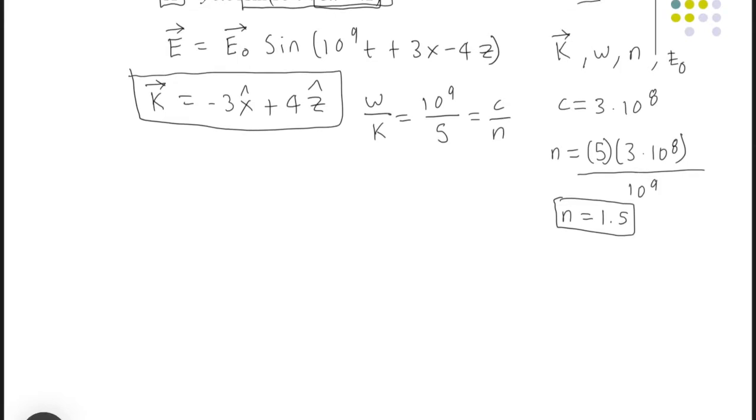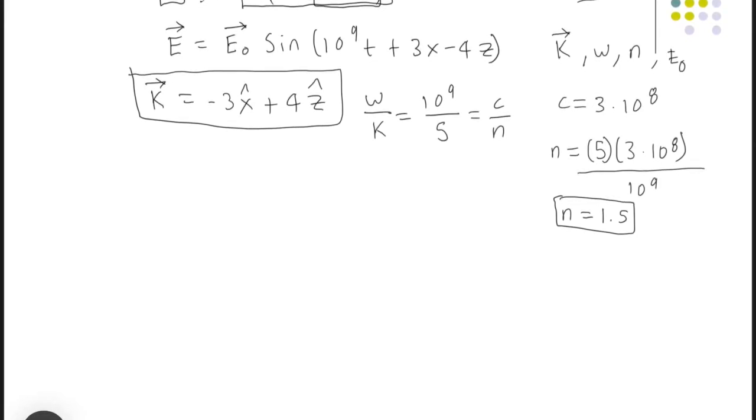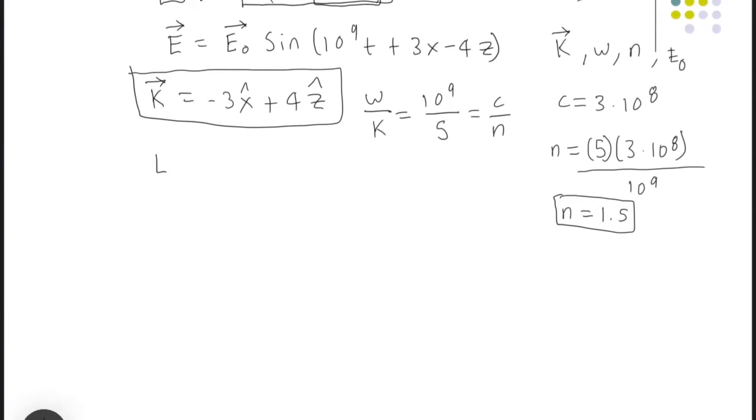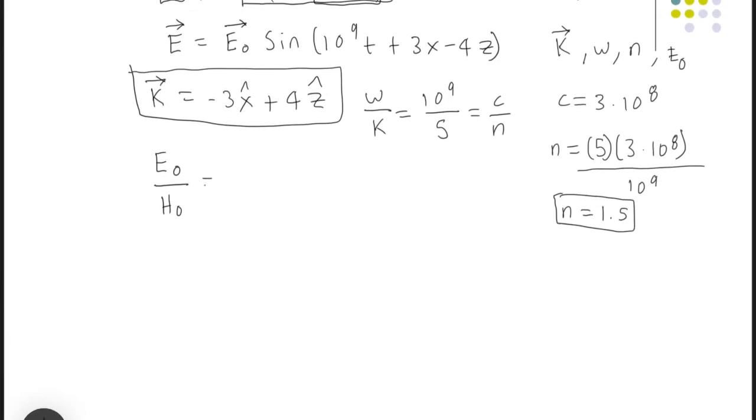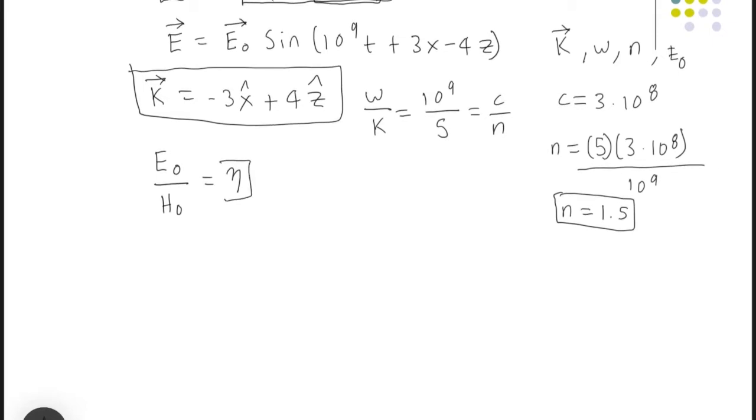Our next step is to use the ratio of the E naught and the H naught to find eta. So we have E naught over H naught is equal to eta. And this eta right here is equal to eta naught over n.